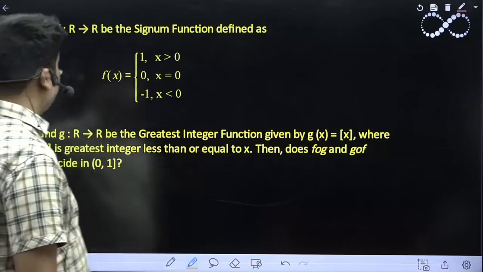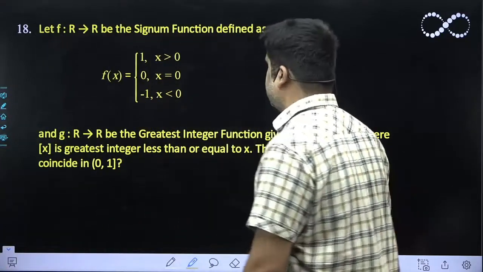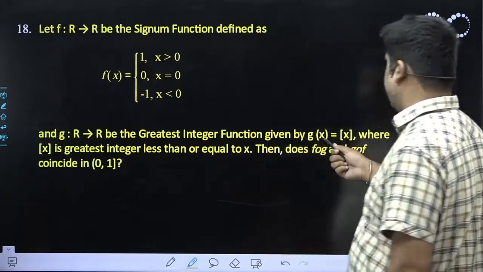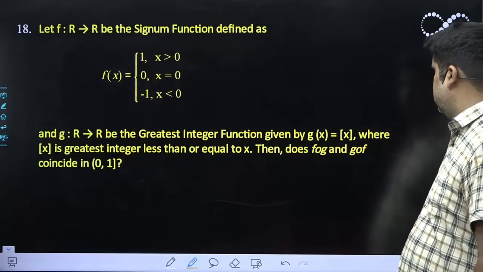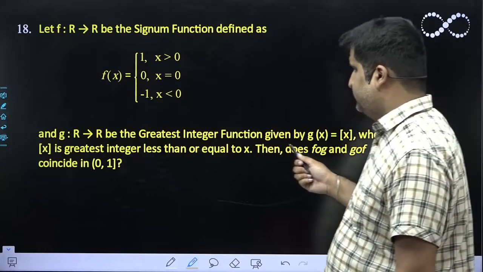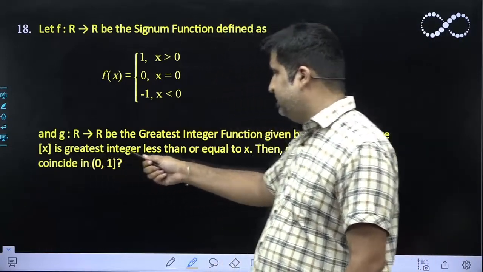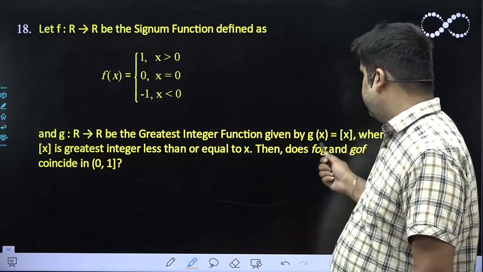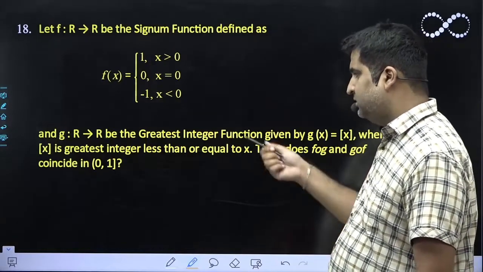f defined from R to R, the signum function defined like this, and g is the greatest integer function defined by g(x) = [x], where [x] is the greatest integer less than or equal to x. Does fog and gof coincide in [0, 1]?